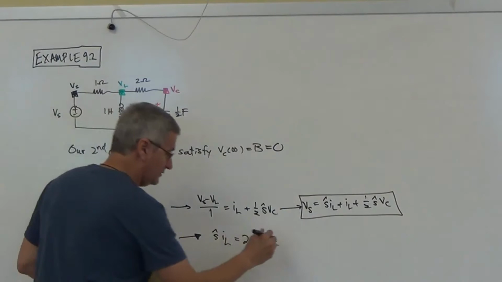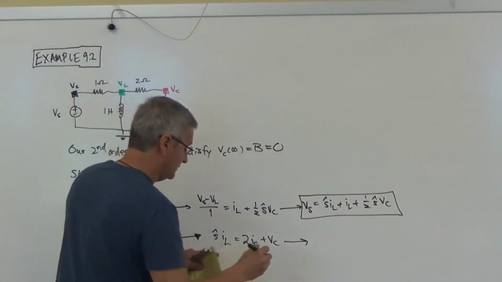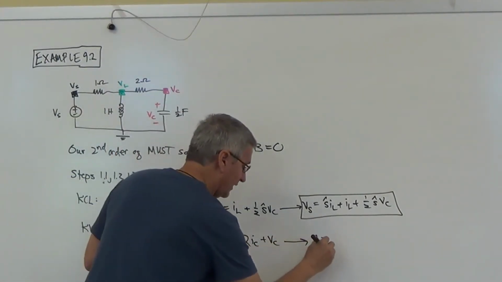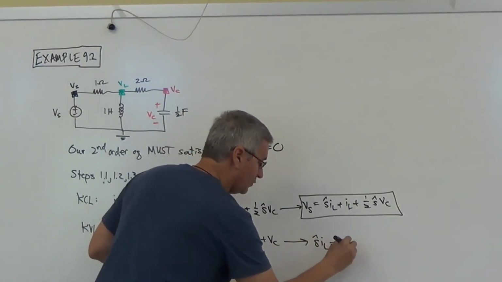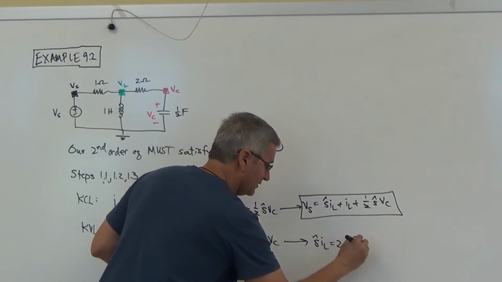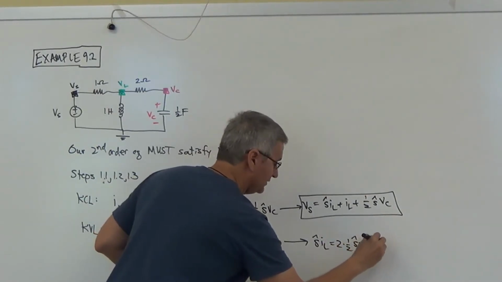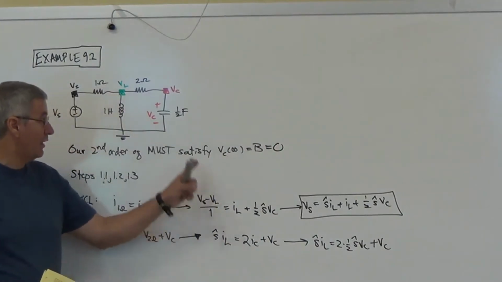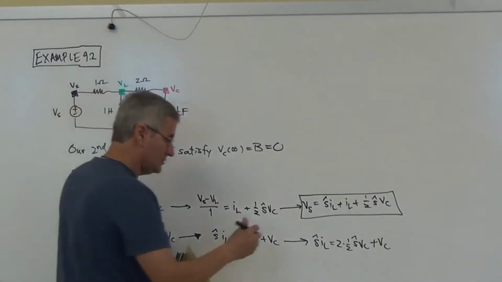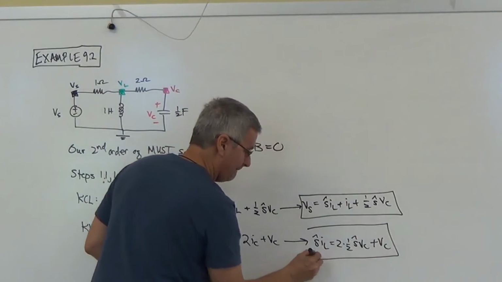If I do that, then I get what? S hat IL equals 2 times 1 half S hat VC plus VC. Okay, so I just wrote out those terms. So here's my second term right there.